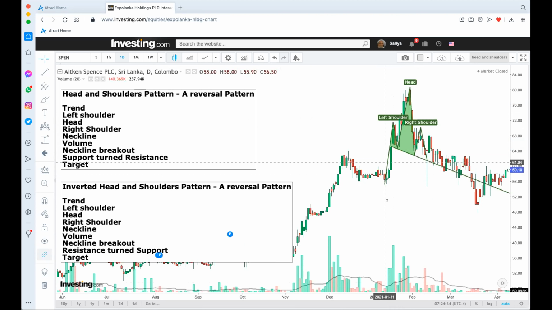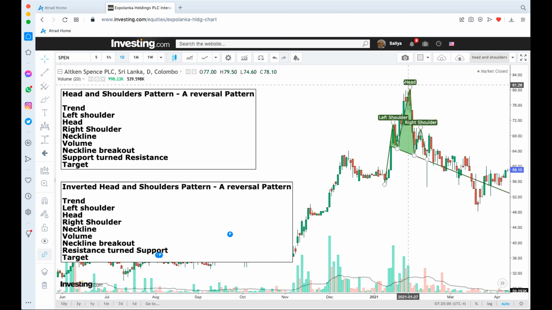Then it goes up again, but it is not as high as this, it goes up to this level. Then with the pullback and the next rally, then the pullback, you can see the volumes are going down. Thus, it makes sense to draw the pattern there.